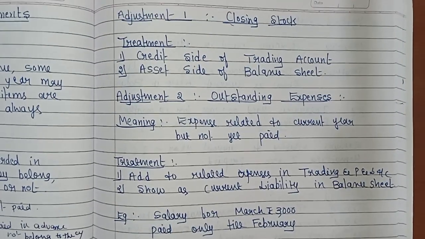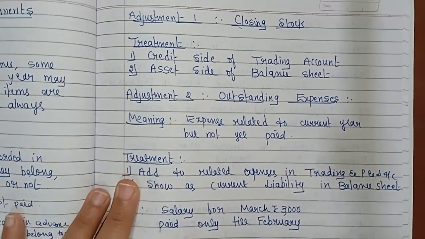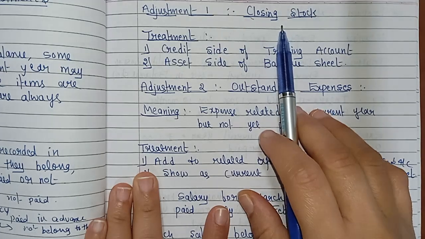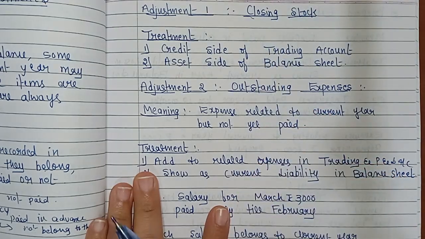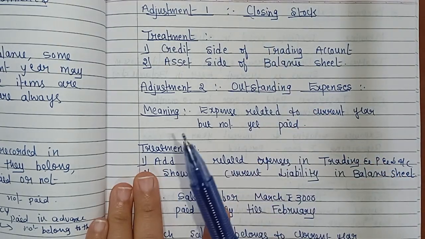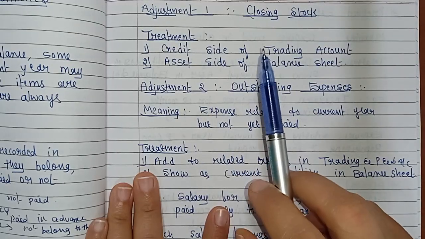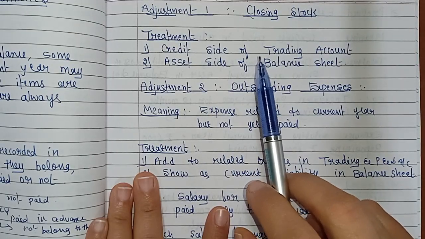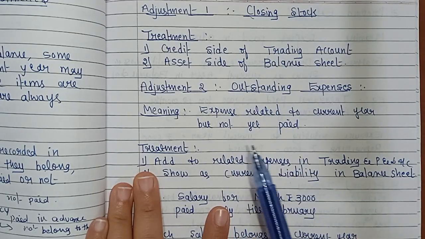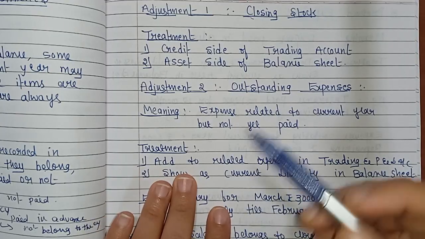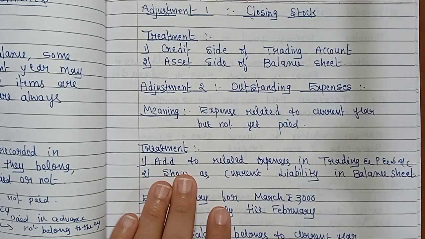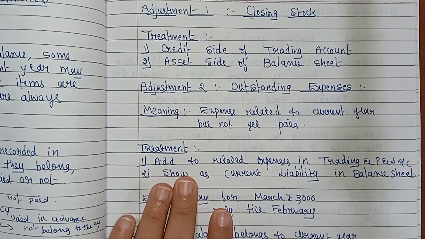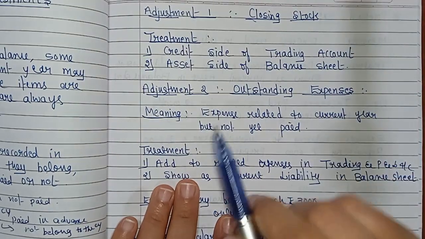Clear? So adjustment number 1, that is closing stock. This closing stock adjustment we have seen in our last problem. In the last class we have solved one practical problem. In that, the closing stock adjustment was there. We have recorded this closing stock in trading account as well as in the balance sheet. Right? So let's see the treatment of this closing stock.